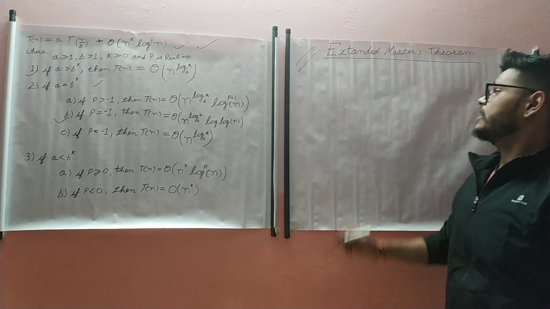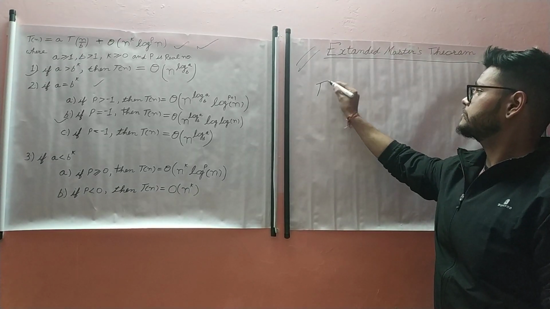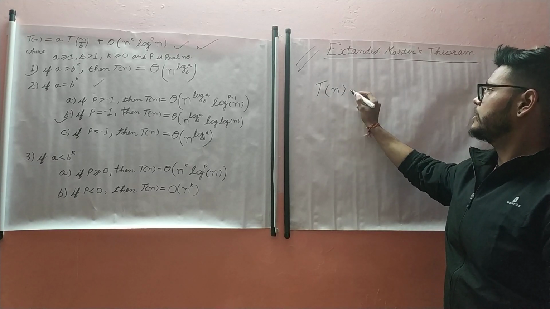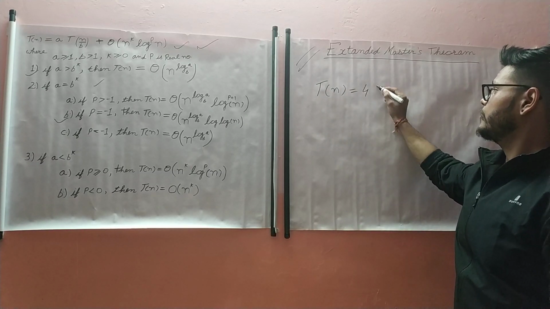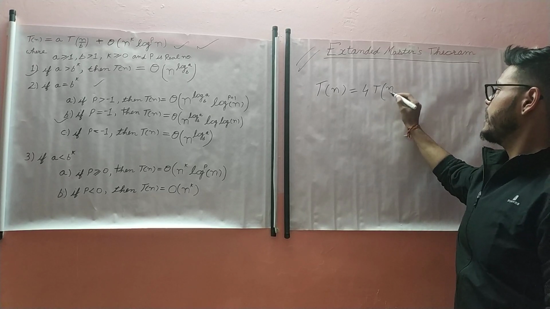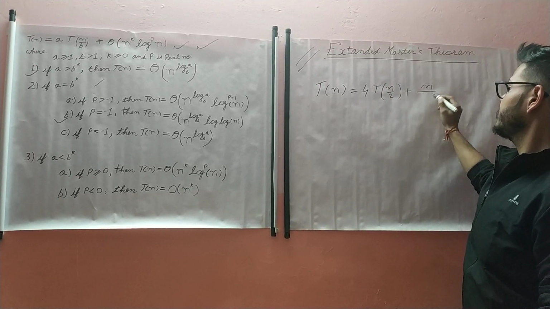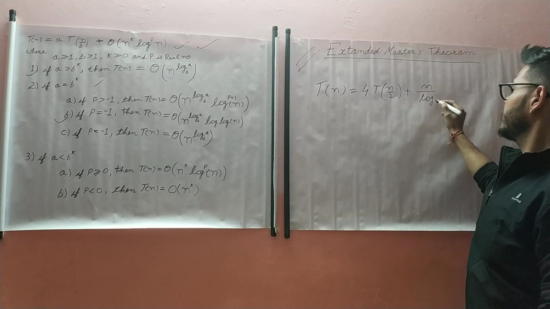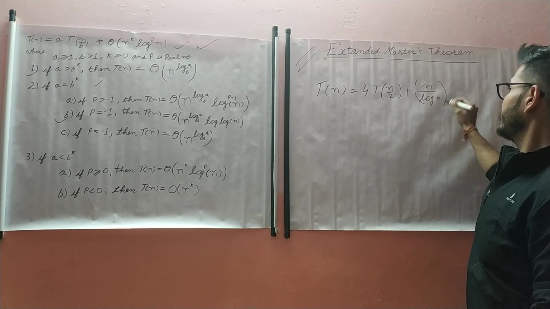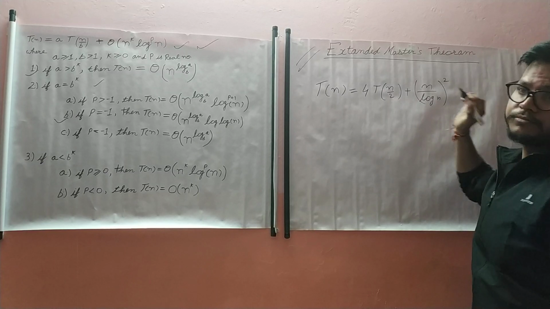So guys, let's see another example. T(n) = 4T(n/2) + (n/log n)^2.